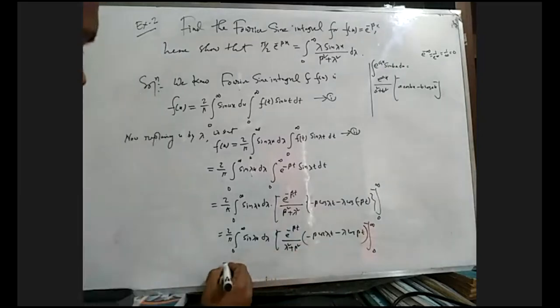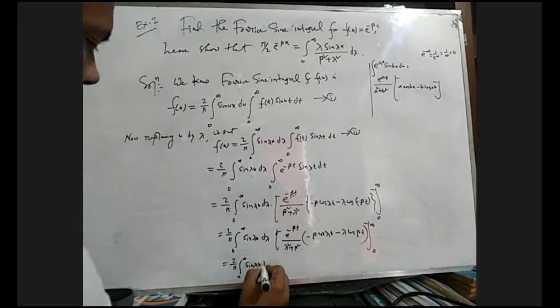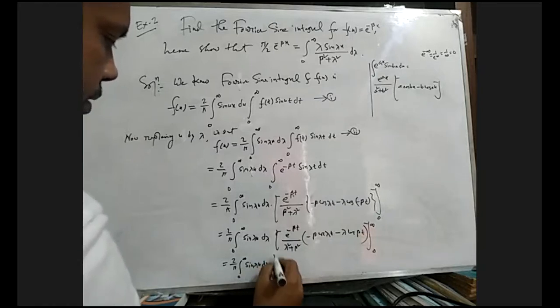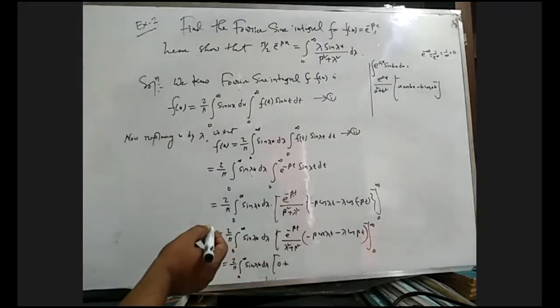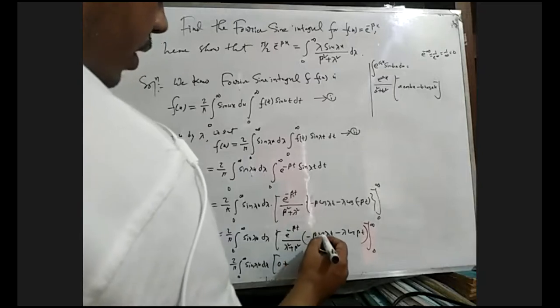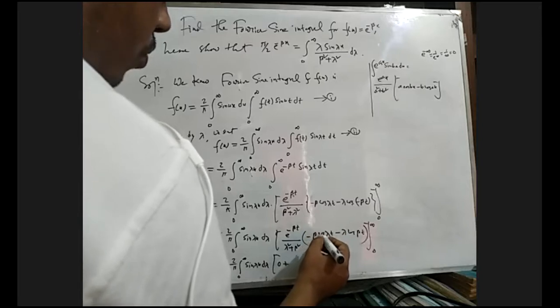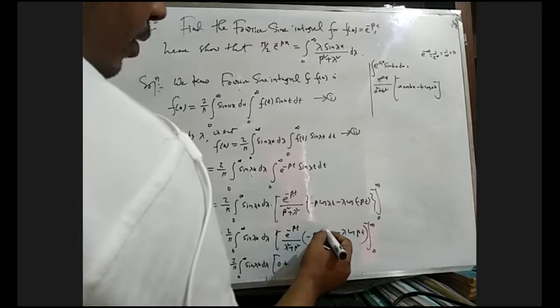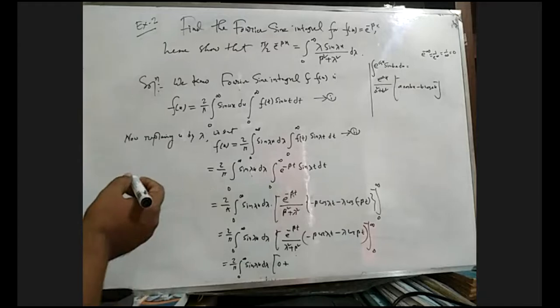So after this line, we can write 2 by pi, integral 0 to infinity sine lambda x d lambda, times 0 plus, putting t equals 0, e to the power 0 means 1.